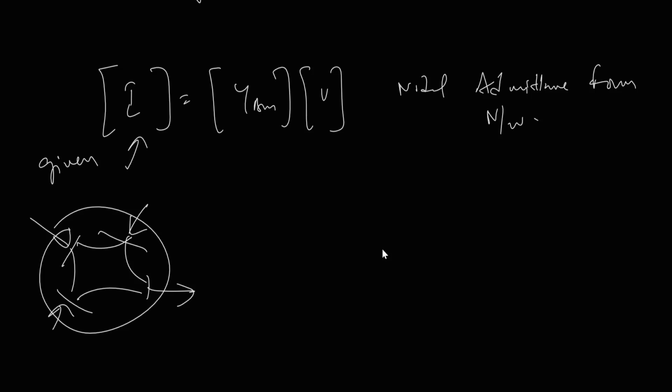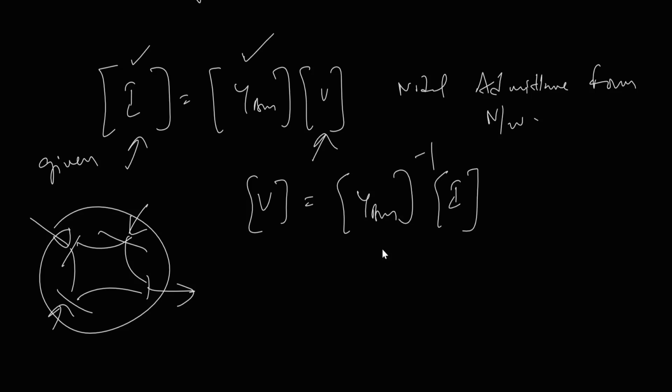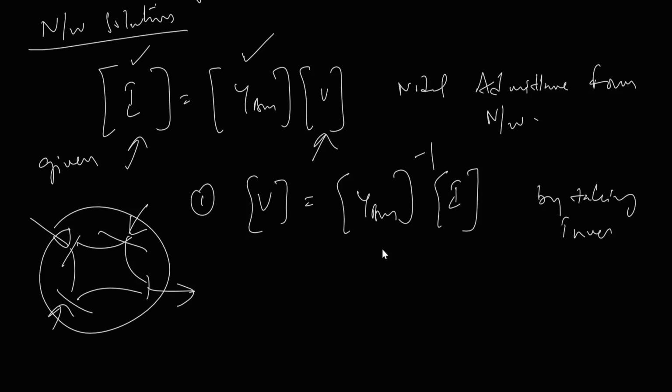So given any values, this vector is known, this matrix is already found, then I can find out the bus voltages either by simply taking the inverse of this Y matrix multiplied by this known vector I. This is the first method to find out the network solution. I am talking about network solution. What is that? By taking the inverse of Y bus.